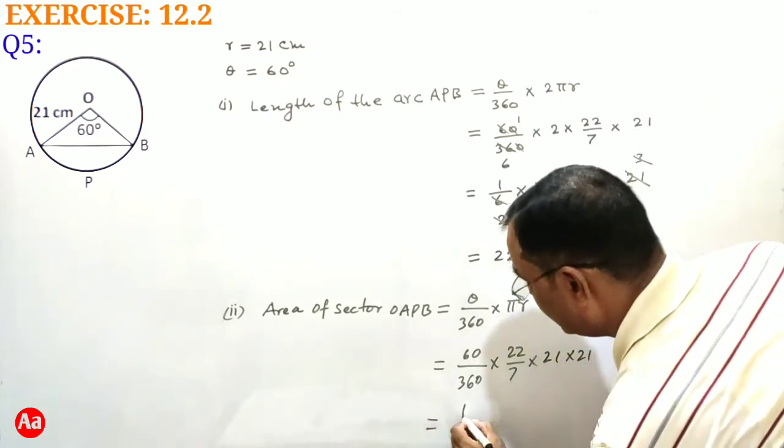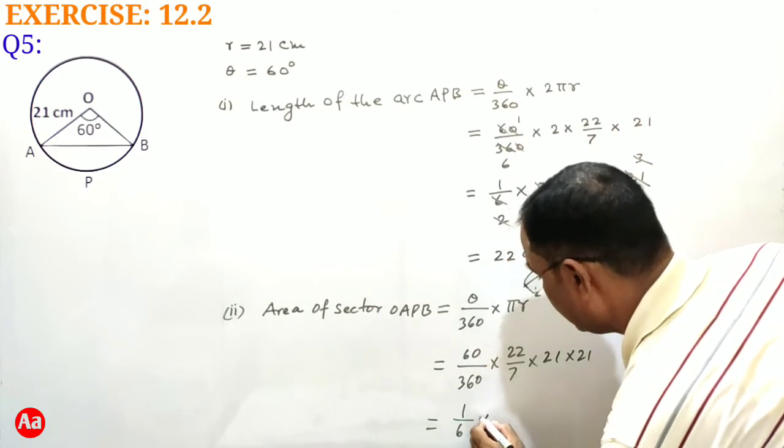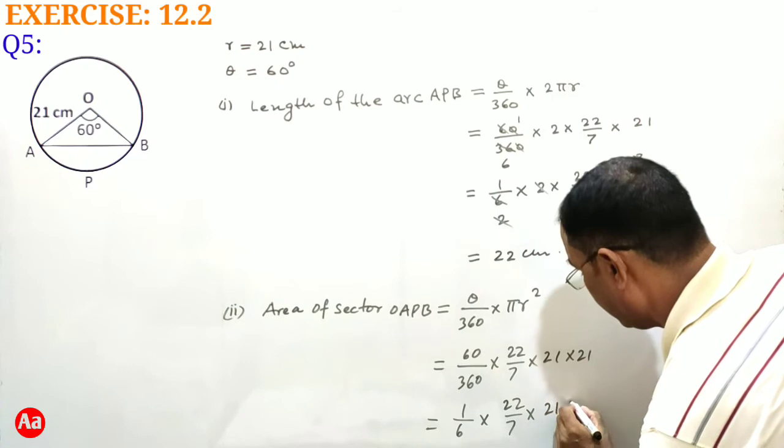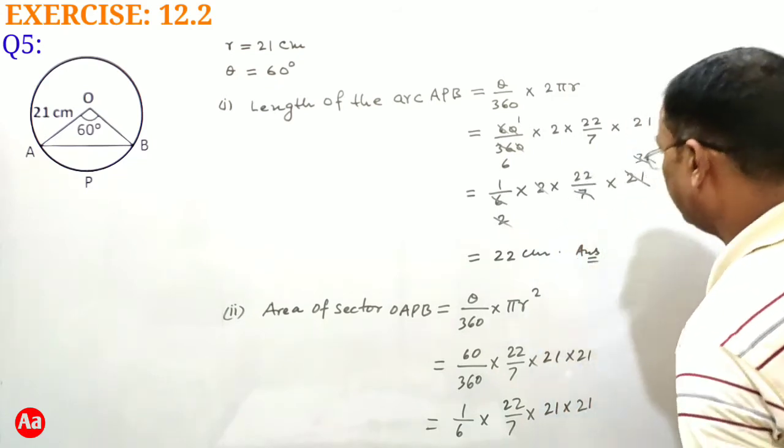This is equal to 1 by 6 into 22 by 7 into 21 into 21.